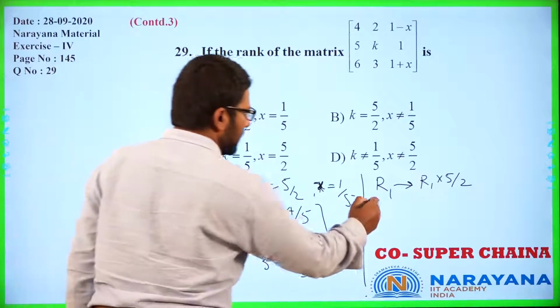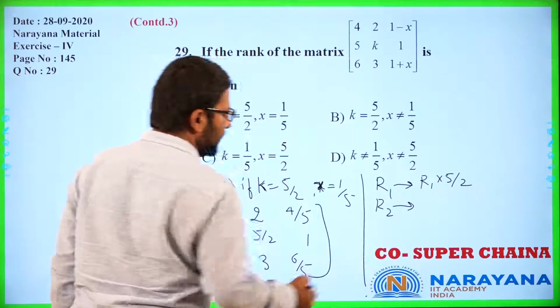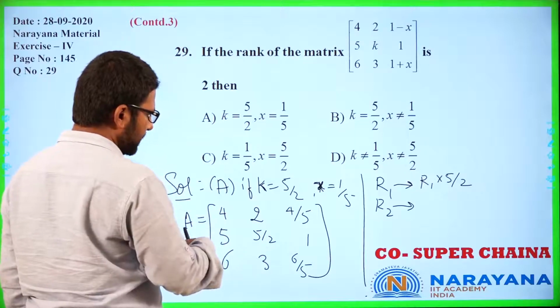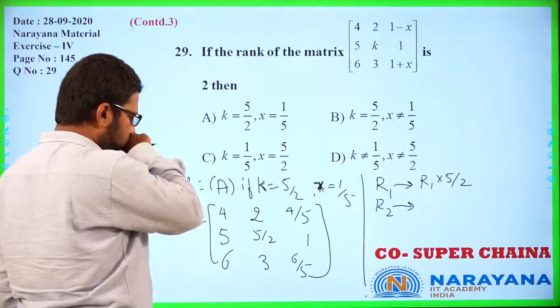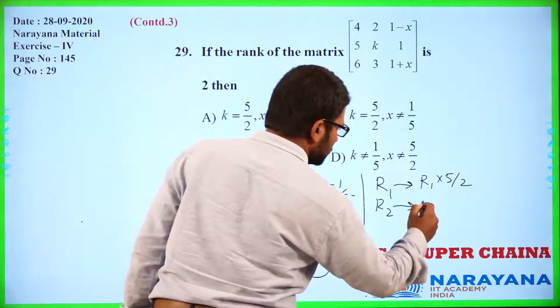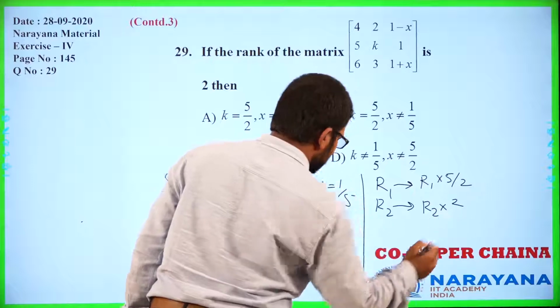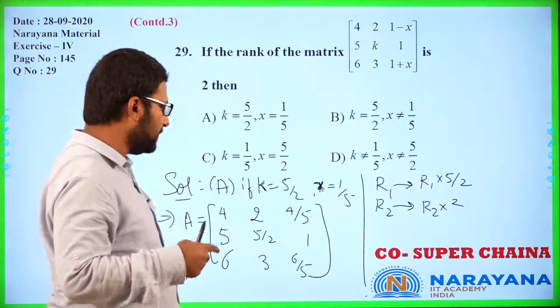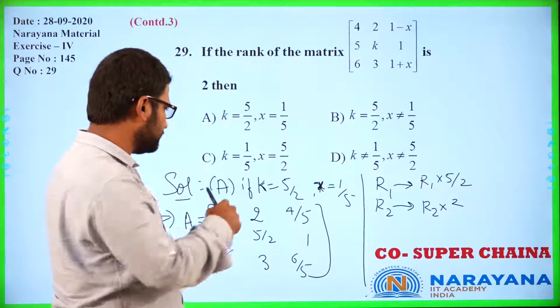Second of all, R2 goes to, this time I want to take 2 outside, and then we will have R2 goes to R2 into 2, but then there will be 5 in the numerator. I want to get rid of the 5 also.